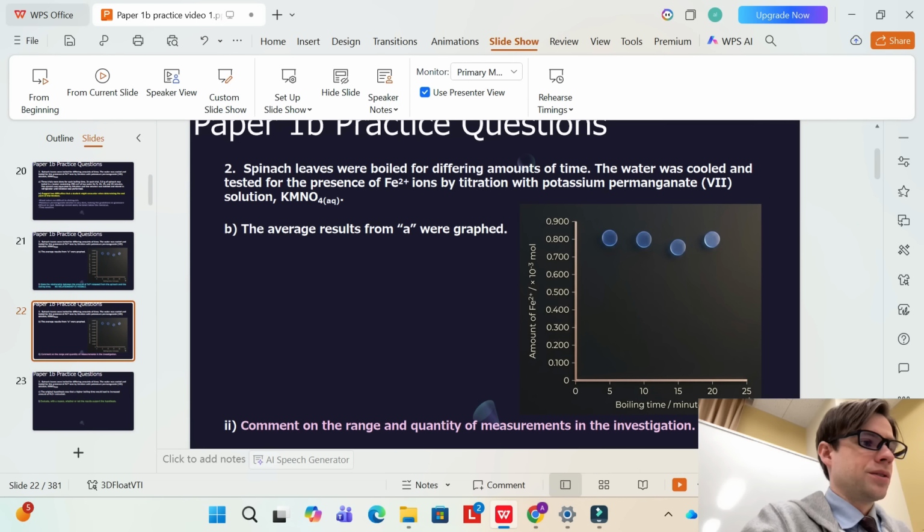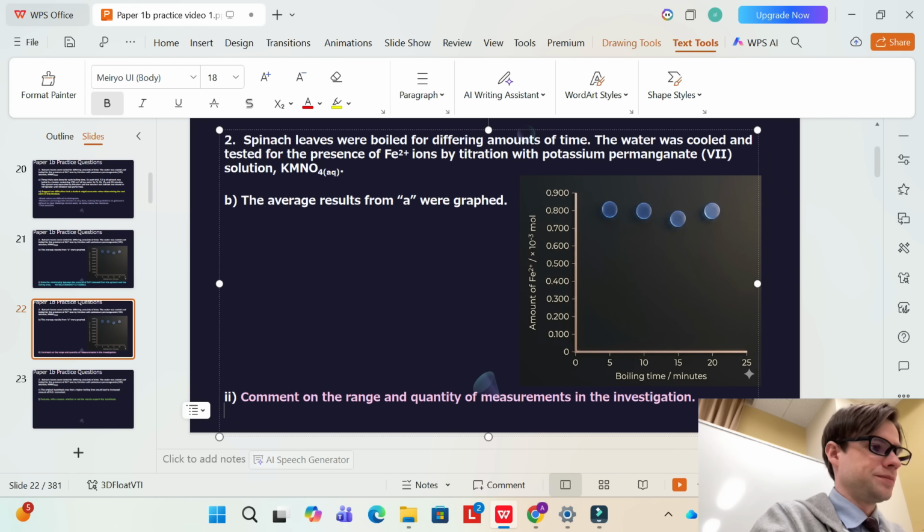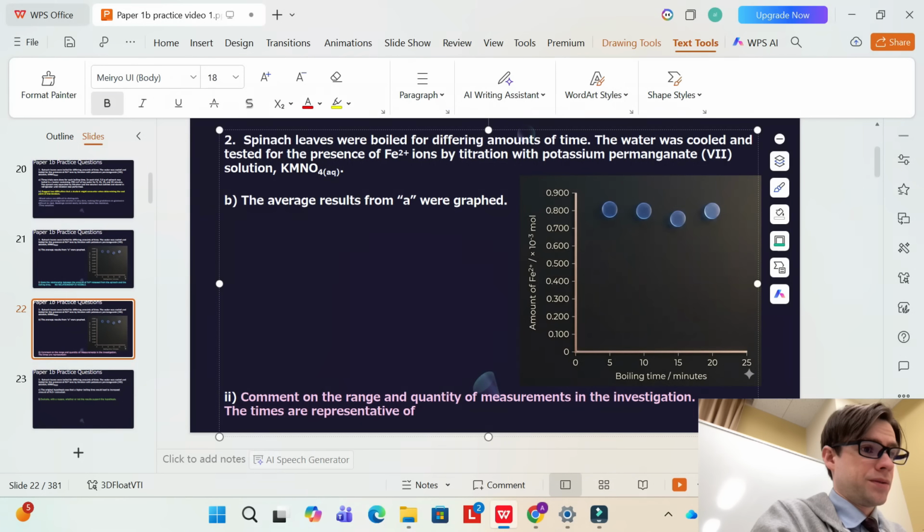So comment on the range and quantity of measurements in this investigation. There's one thing that is good, which is that the times are representative of cooking times. Five, 10, 15, 20 minutes usually would be about how long you boil some vegetables, which is good.